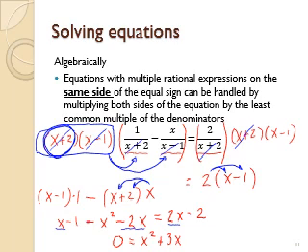And when I keep combining like terms, this is a minus 2, and I'm going to move that by adding 1. So if I add 1 to the minus 2, that leaves me with a minus 1. So there's my quadratic, x squared plus 3x minus 1. That quadratic does not factor.